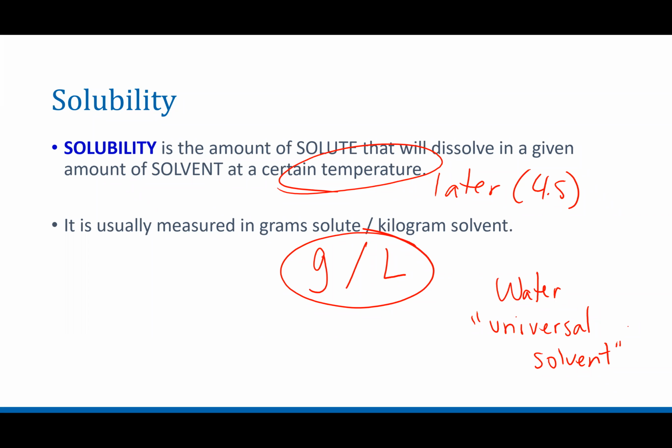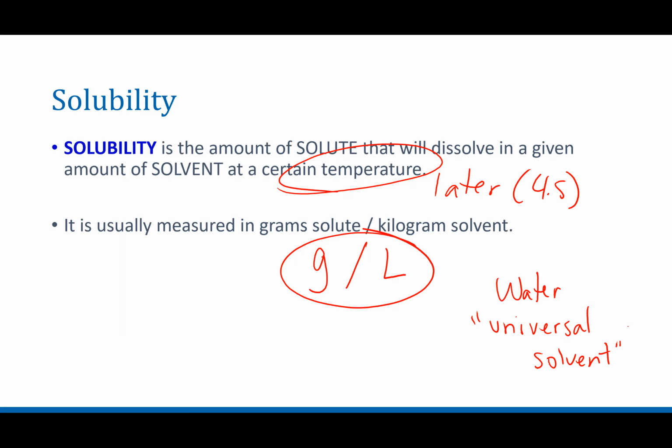I might be making that up, guys. Could be some fake news. No, it is not fake news. It is definitely called the universal solvent. I just double checked. I heard that when I was a kid, or maybe a teenager: oh, water is the universal solvent. Anyways, it is. So it's capable of dissolving more substances than most any other liquid.